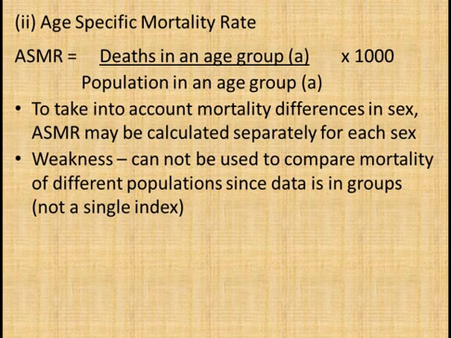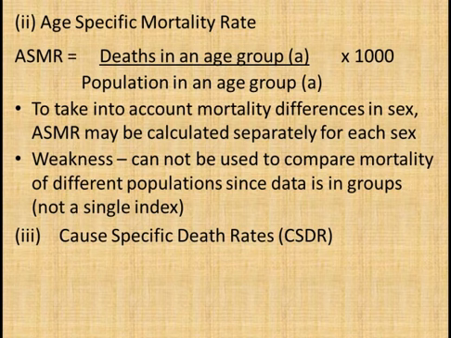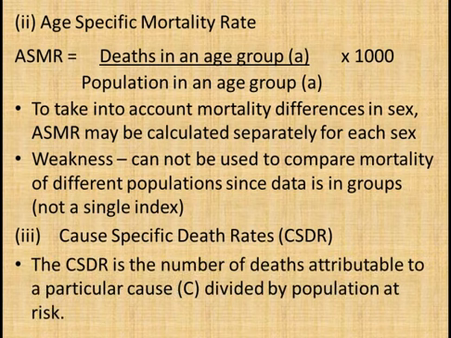We have another measure of mortality. It is known as the cause-specific death rate. Cause-specific death rate is the number of deaths attributable to a particular cause, denoted C, divided by population at risk.